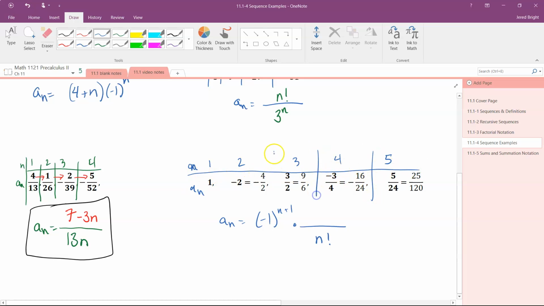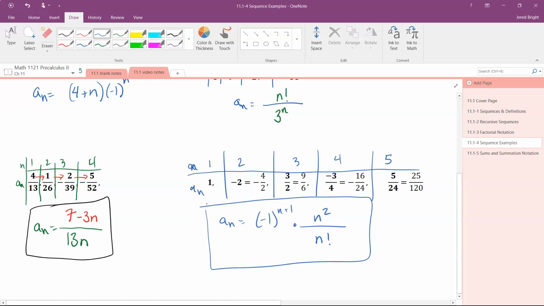And then the numerators are 1, 4, 9, 16, 25, and the term numbers are 1, 2, 3, 4, 5, so that is n squared. And that is going to be my answer for this one.